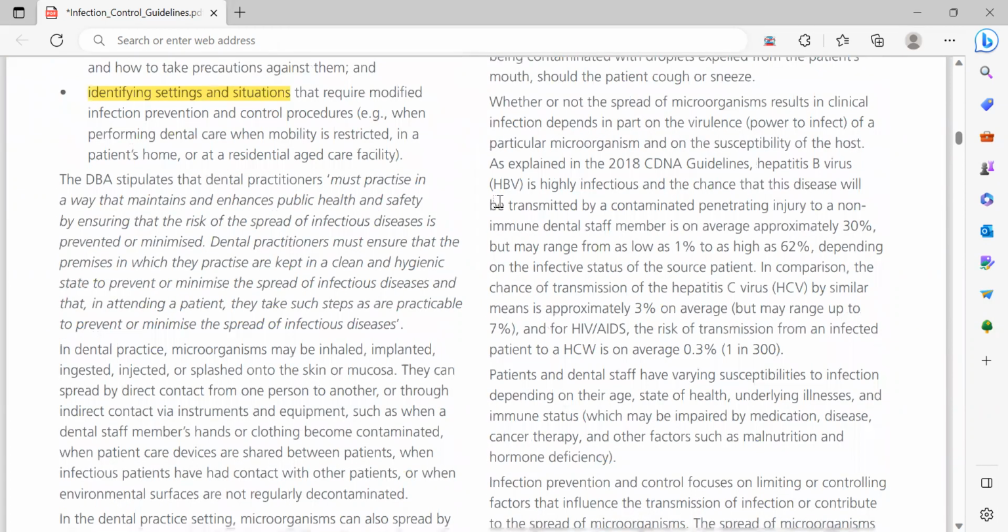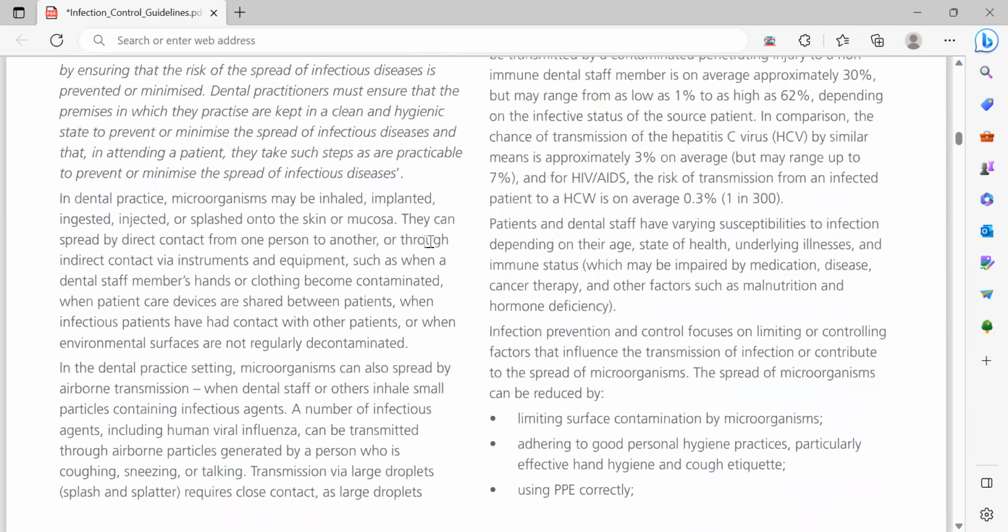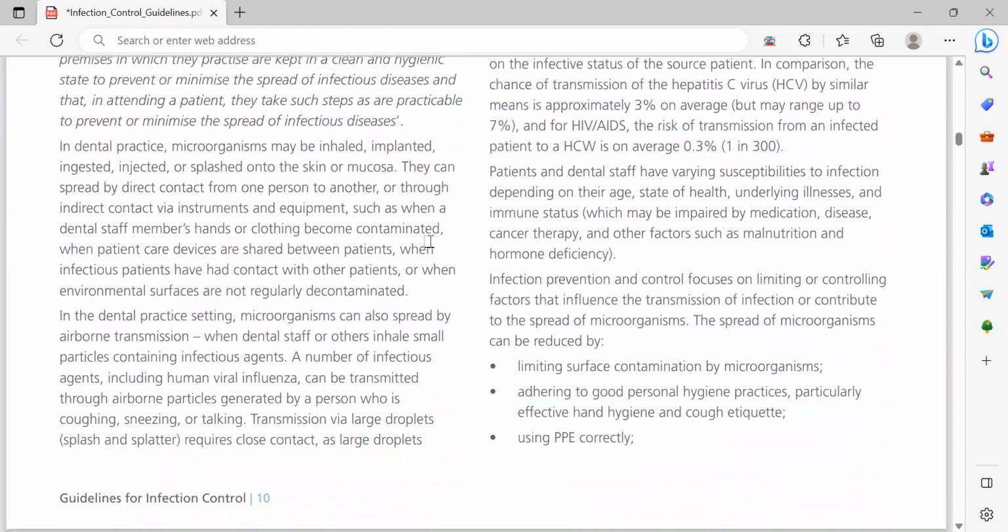So you need to be more sure, because in dental practice settings there are certain ways where the infection can spread. To make your patient safe and your staff safe, it's your duty that everyone should follow the particular infection control guidelines.